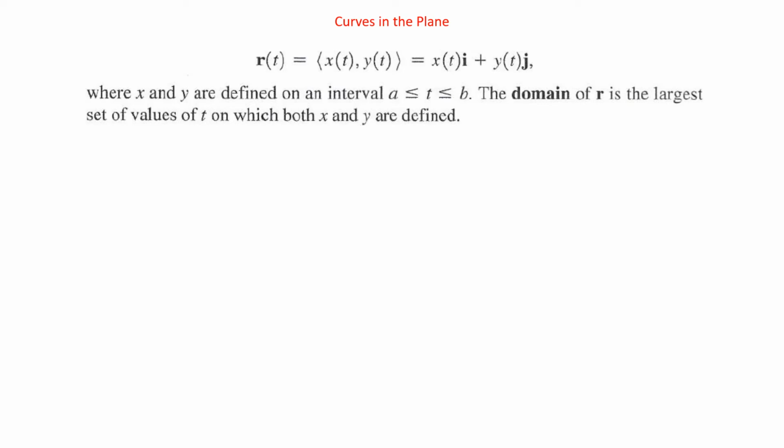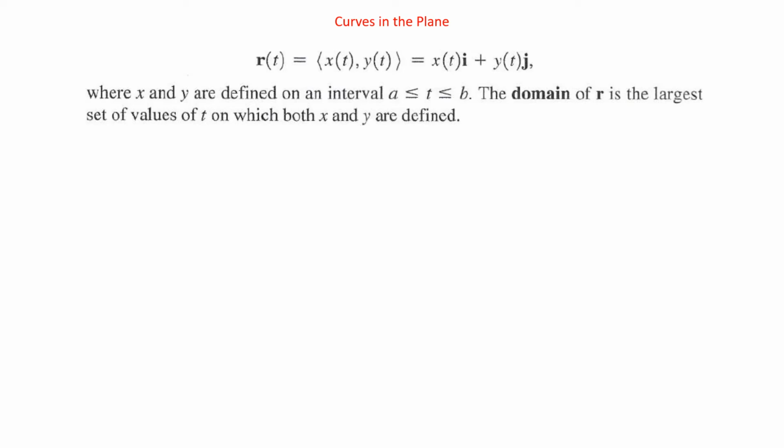And then x, y are defined on the interval a to b, where the domain of r is the largest set of values of t on which both x and y are defined. So it just means that the domain is where both of them have to work.